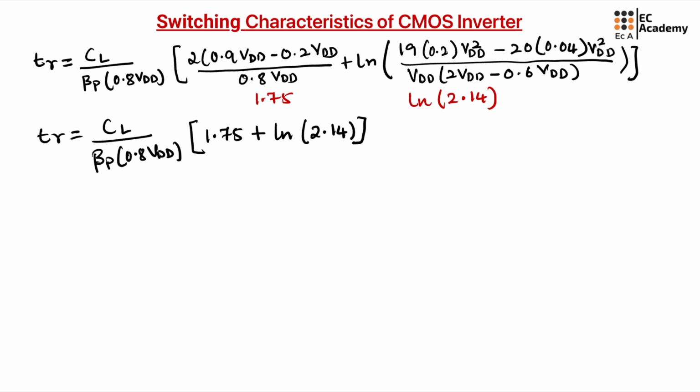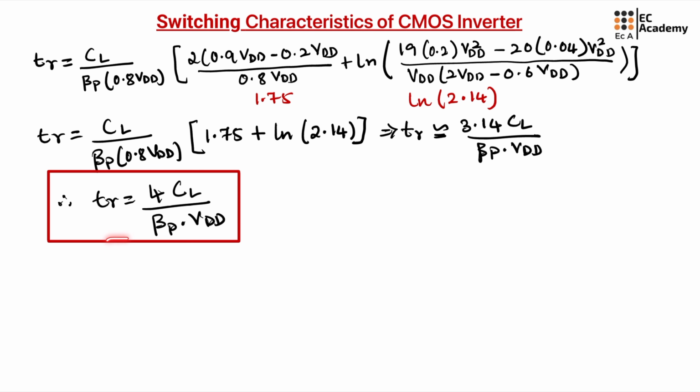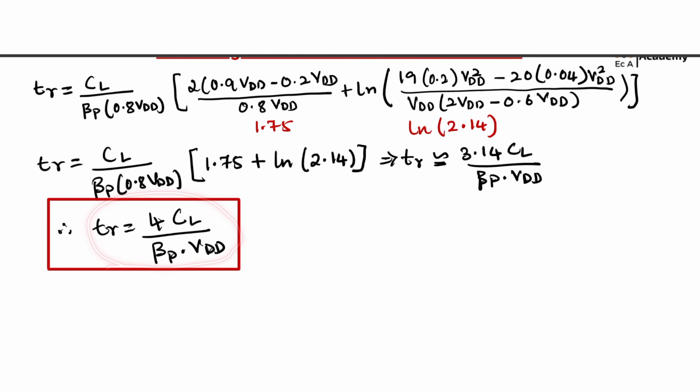So if we simplify this, we can write TR is approximately equal to 3.14 CL divided by beta P into VDD. Therefore, we can write rise time is equal to 4 CL divided by beta P into VDD. So, this is the total rise time.